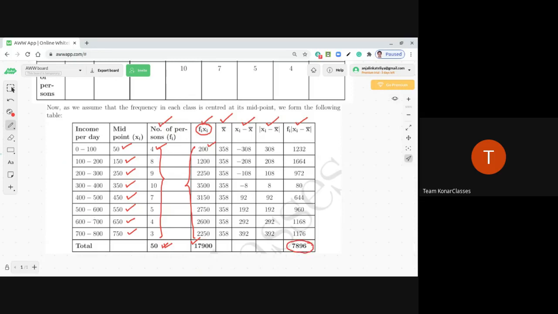And then, dear students, we can find the mean deviation about mean by means of the formula we just discussed at the beginning of the class.